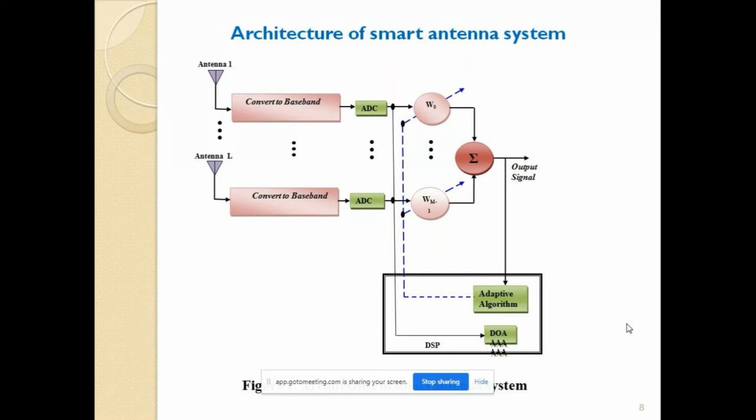So when the signals are received, they are immediately converted into baseband signals. Then there are the converters called analog to digital. These digital signals are given to the phase shifters. These phase shifters are adapted intelligently by the digital signal processor so that it will produce the output in the desired direction. So that is how it works for the 5G and many things.